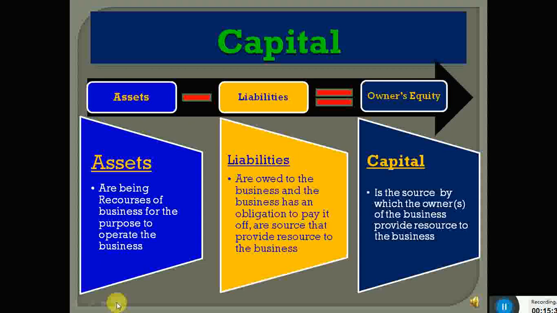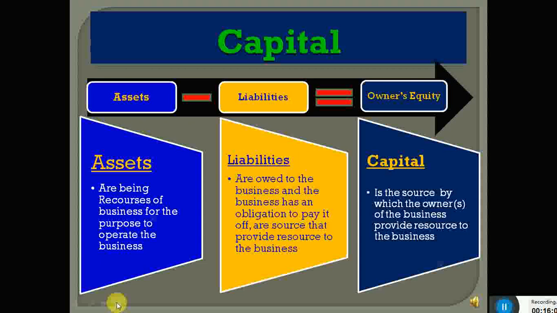There are two types of sources that provide resources to an organization or an entity. Number one, definitely that is the owner. If the owner brings resources from his personal resources, that is the source known as capital or owner's equity.